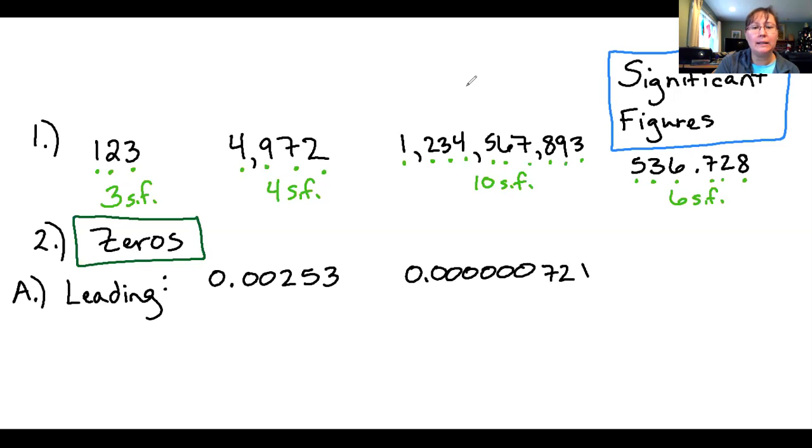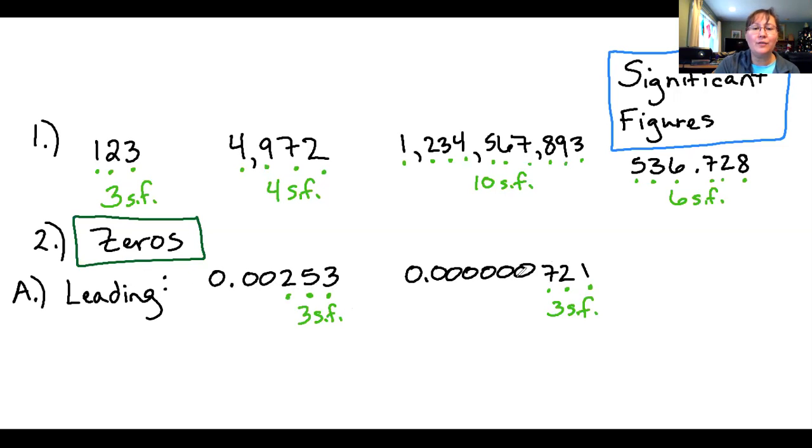These are what we would call leading zeros. And in this case, there are 3 significant figures because leading zeros never count. This one has 3 significant figures because leading zeros never count.